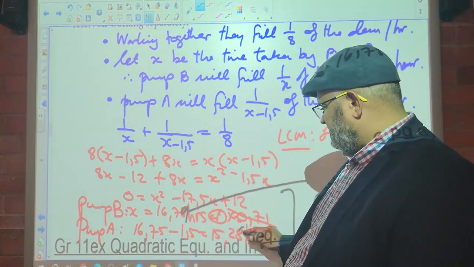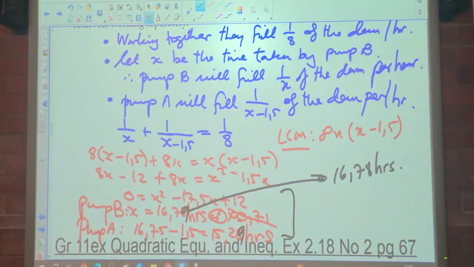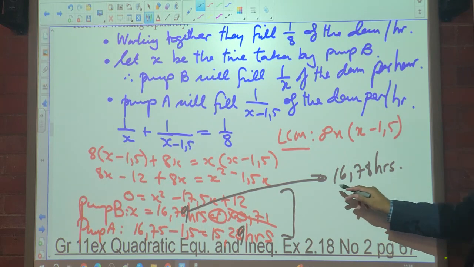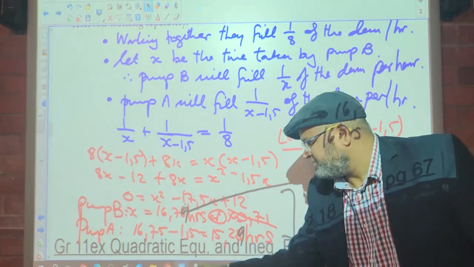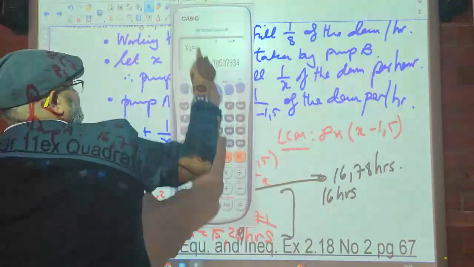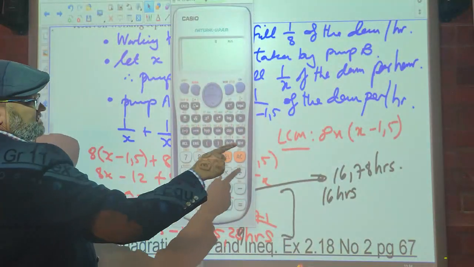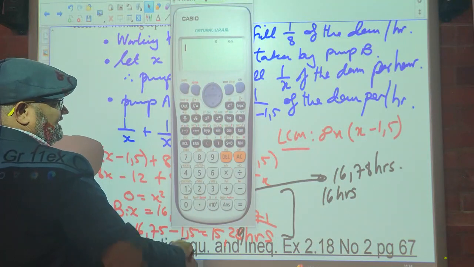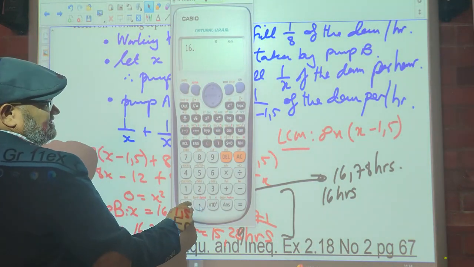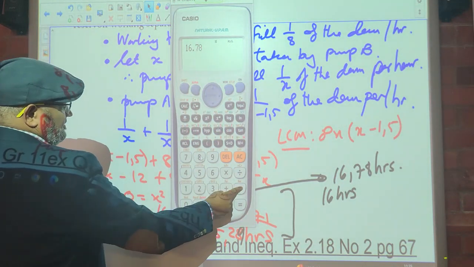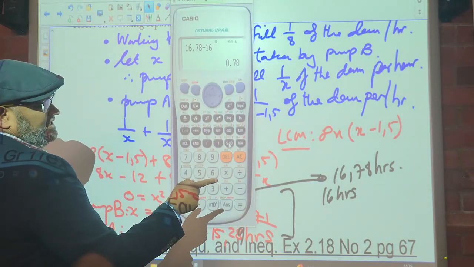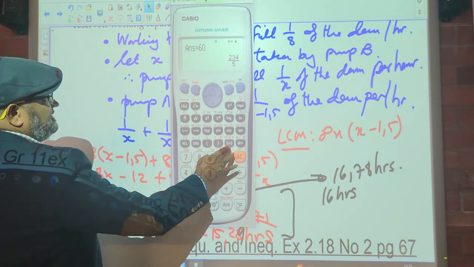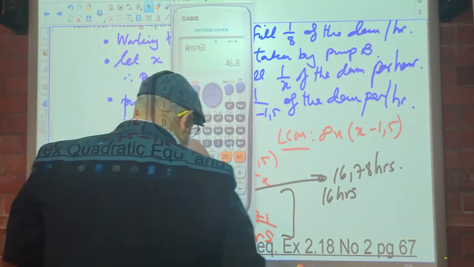The confusion is coming in here. Thank you, Lisa. Okay, so it's going to be 16 hours, right? Then we say now, you see that 0.1 is making a difference here. So 16.78 minus 16 hours, you're left with 0.78 of an hour. You multiply that by 60. I then get 47 minutes.